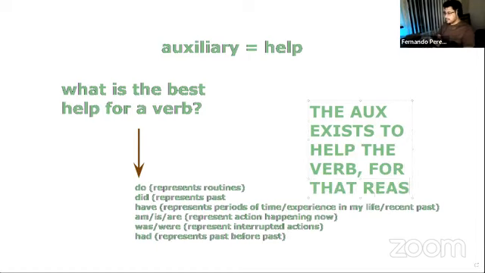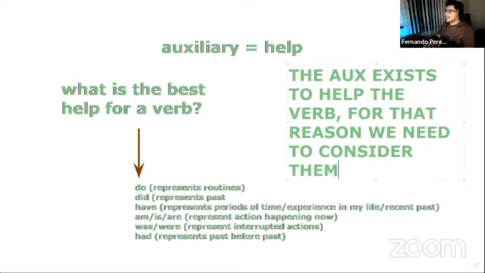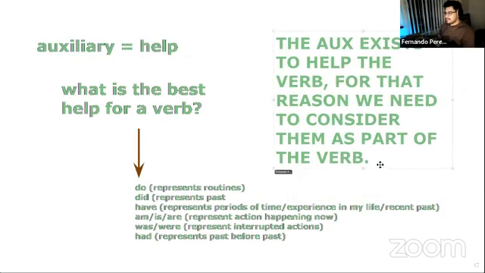For that reason, we need to consider them as part of the verb. They go together. The auxiliary and the verb go always together, because the auxiliary helps the verb.